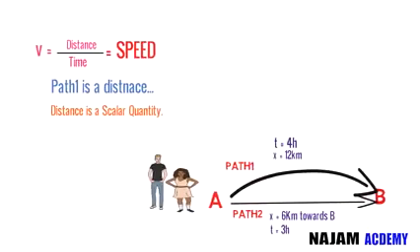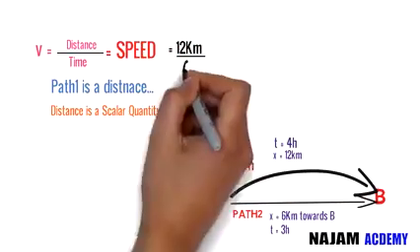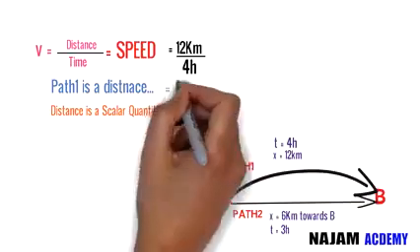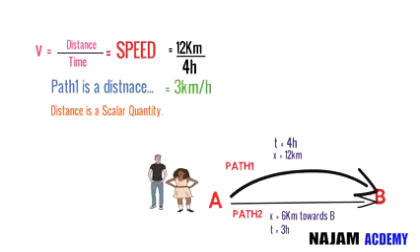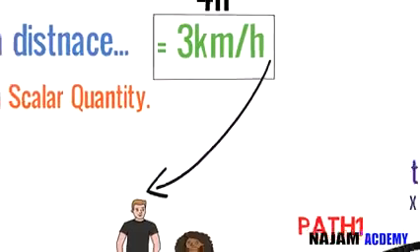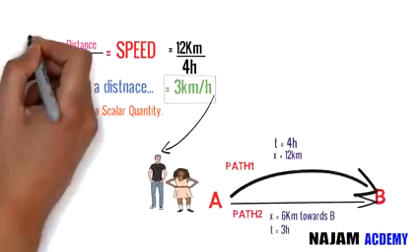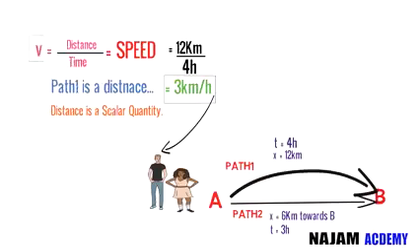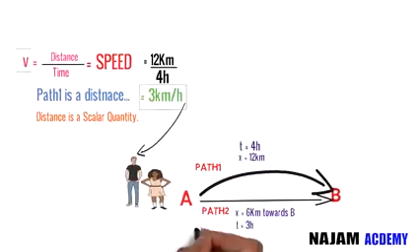So 12 kilometers divided by 4 is giving us 3 kilometers per hour. So this 3 kilometers per hour is the speed of Peter. Also keep it in your mind, v is denoting the speed, and v is equal to distance divided by time. I'm repeating this statement, distance divided by time.